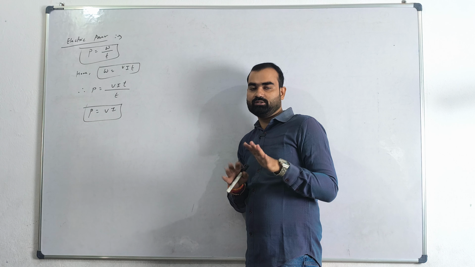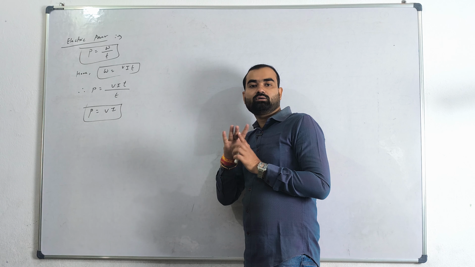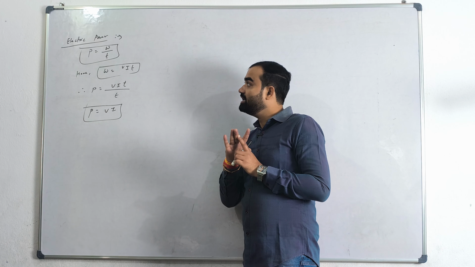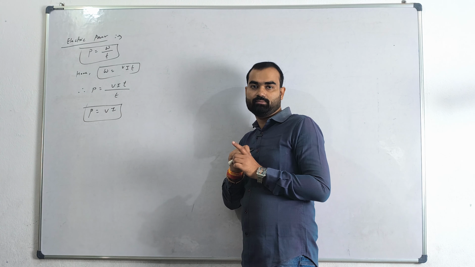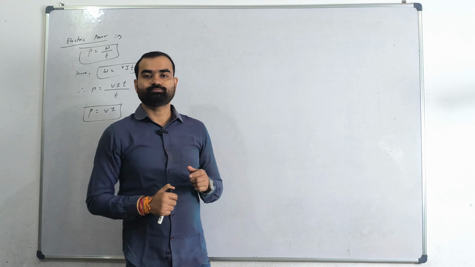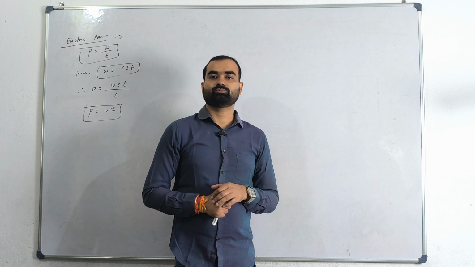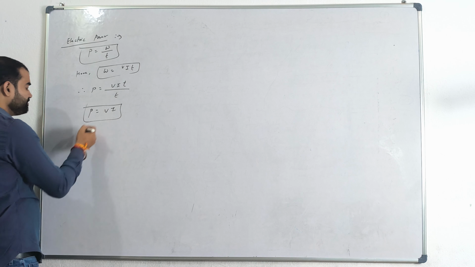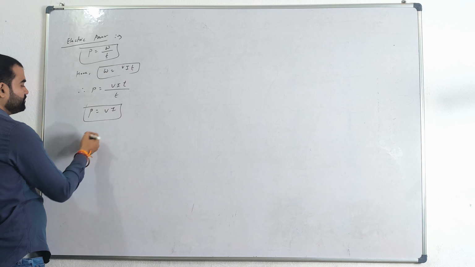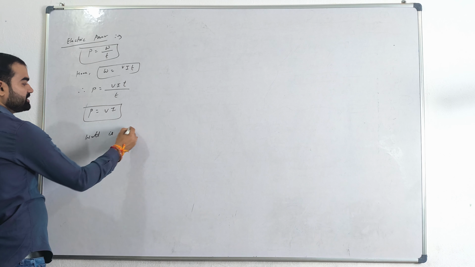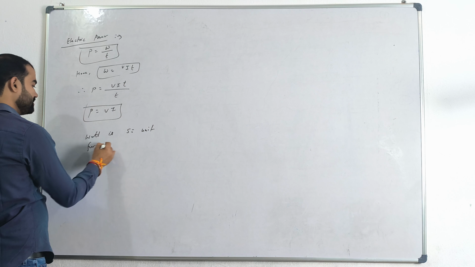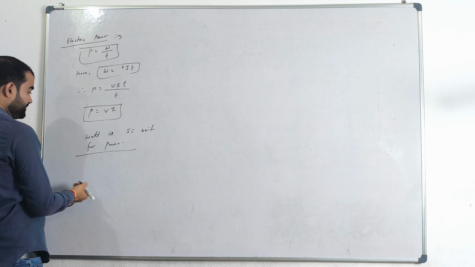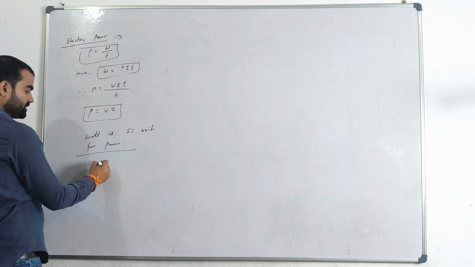I hope you understand better. This is the third point, known as electrical power, the third finger. Now we move on to our fourth topic, known as commercial unit. Just before the fourth topic, what is the SI unit for power? Another bigger unit is the kilowatt.